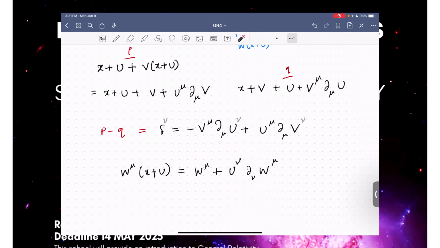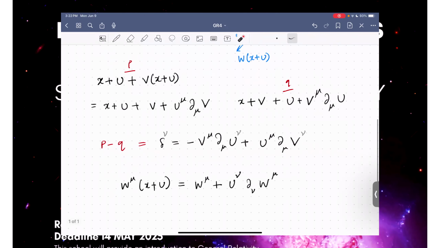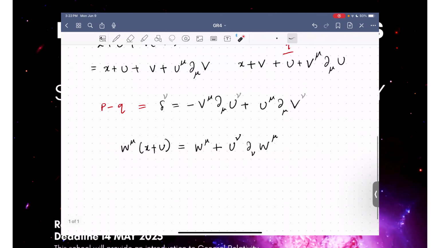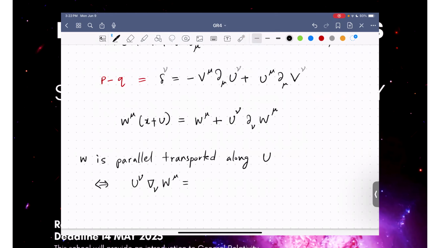So how do we impose the constraint that W is being parallel transported from here to here? Here you have to recall the definition of parallel transport. I hope you remember the definition of parallel transport from previous lectures. The definition was simply that W is parallel transported along U. This means that the covariant derivative of W with respect to U vanishes.